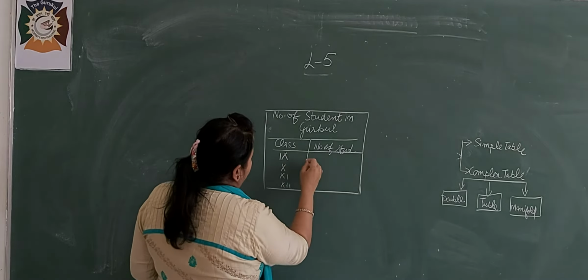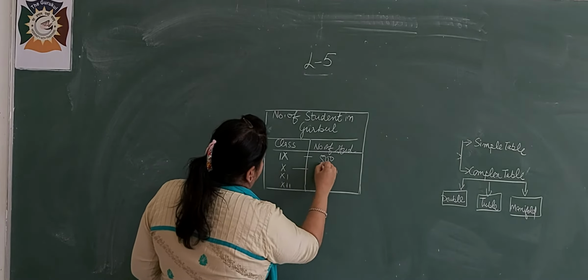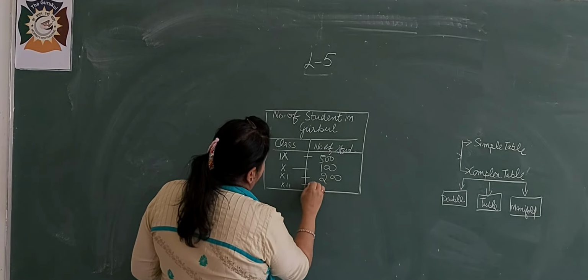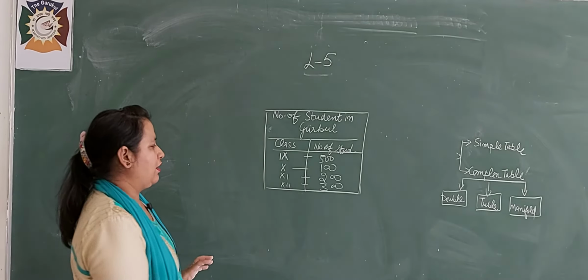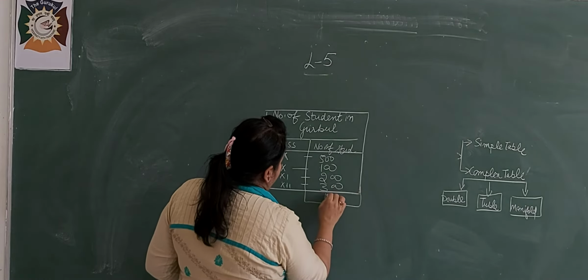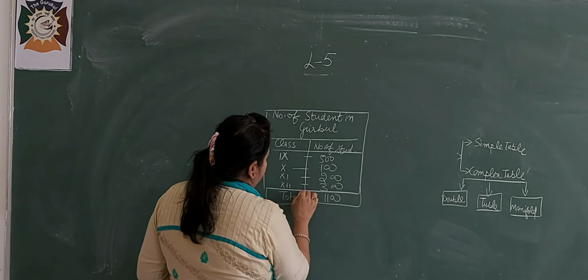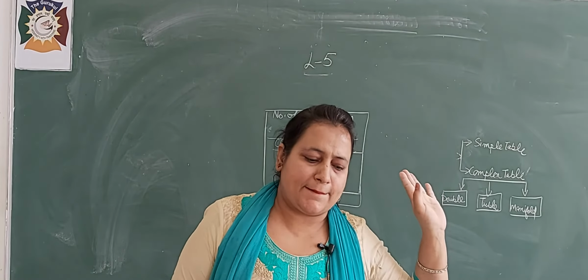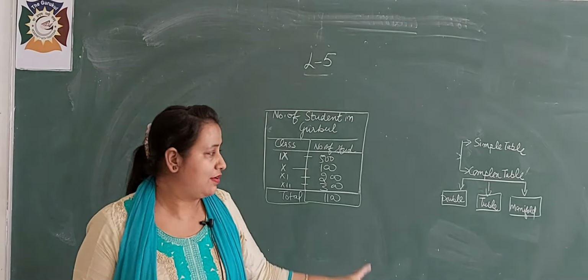I am taking 500, then 100, then 200, then 300. Total is 1100. So what is this? This is a simple table or one-way table. Only one part I have taken.